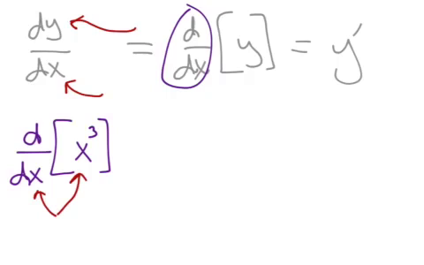X is our input, x cubed is the output. I think I said y cubed a moment ago. I apologize for that. The input is x, the output is x cubed. So implicitly in this statement here, we should keep in mind that y is equal to x cubed.